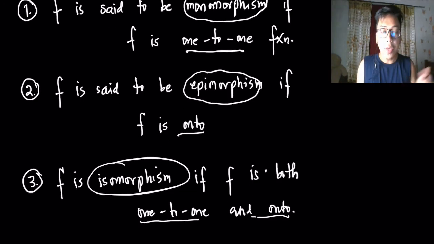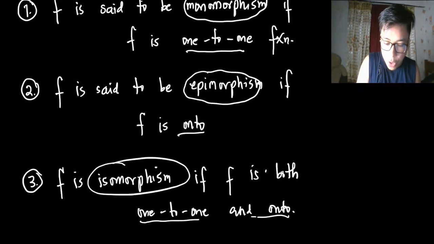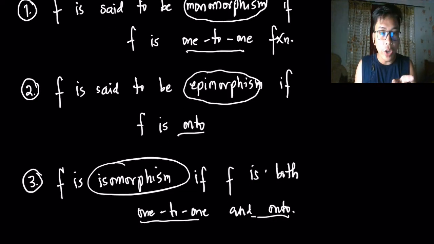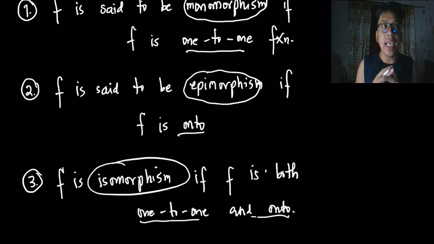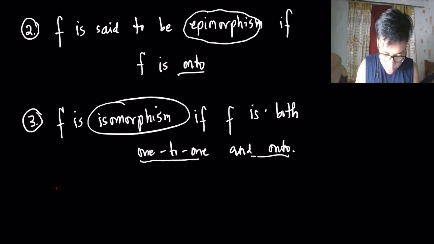So with regards to this definition, given that your F maps from V to W, provided that your F here is an isomorphism, that means we're getting in touch with the connection between V and W. So we can say here that V and W are isomorphic.